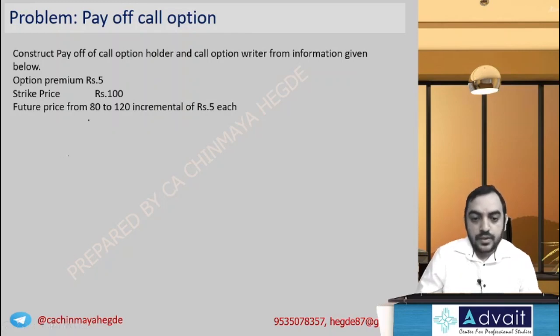Okay, so let's have the columns like this. Market price on expiry, that will be variable. Then, depending on market price, intrinsic value.